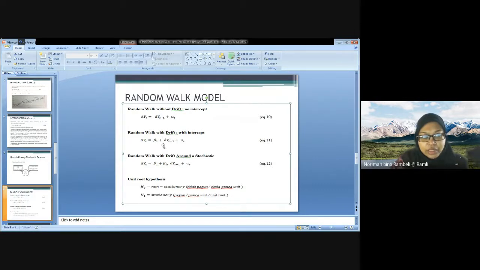You cannot change it to beta, theta, or other symbols; you have to use the delta sign. That's the standard sign for testing the unit root.